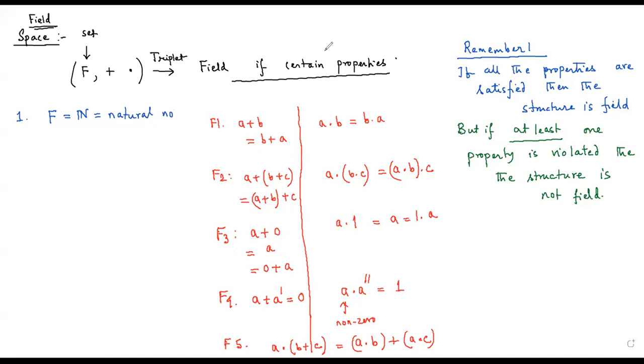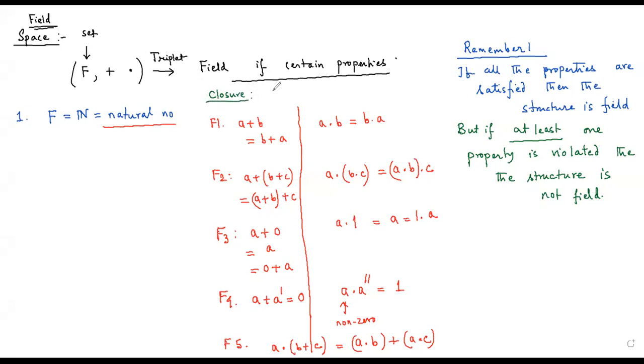So to show this, I have considered the example where my set is the set of natural numbers. Before we check the properties, the closure property is also very important.